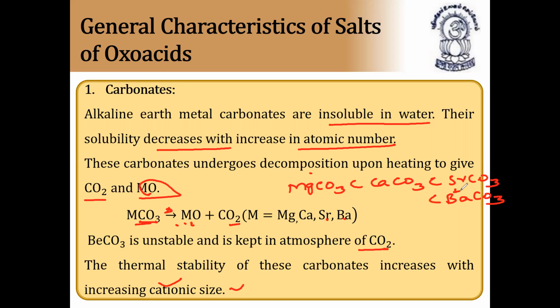Cationic size means barium 2+, strontium 2+, calcium 2+, and magnesium 2+. Out of all these, the size is biggest for barium. Next, continuation.